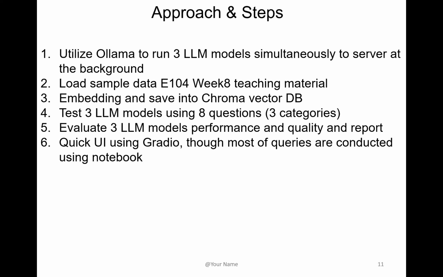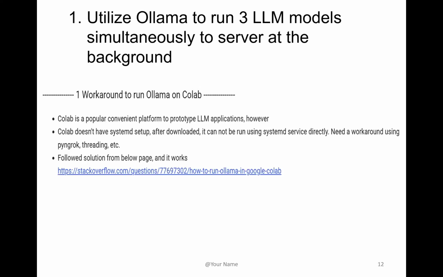After that, we collect all the statistics. We use 8 questions to test the models, and then collect all the statistics to do the evaluation. We use Gradio to build the UI.